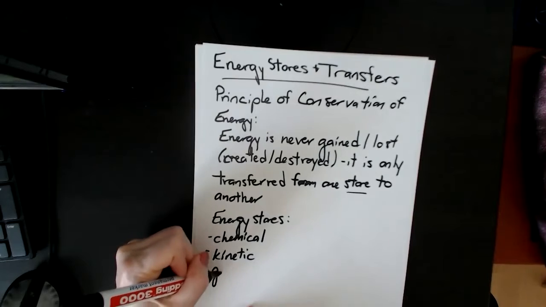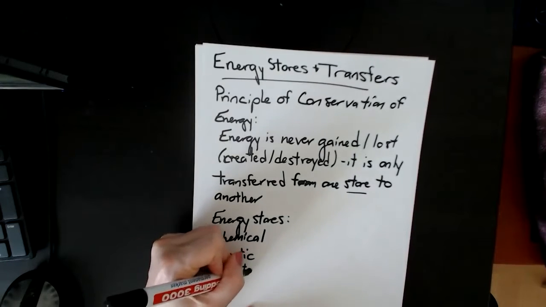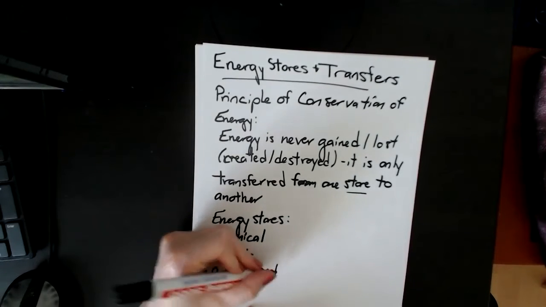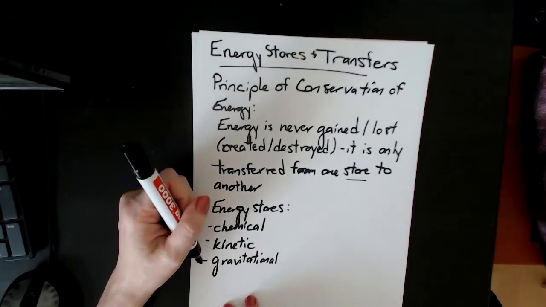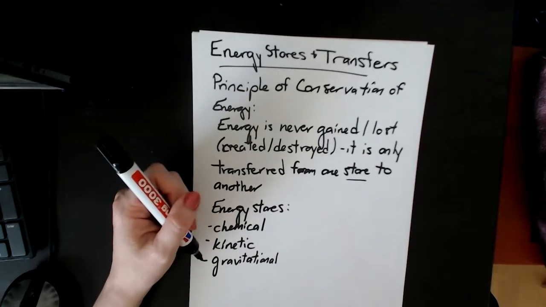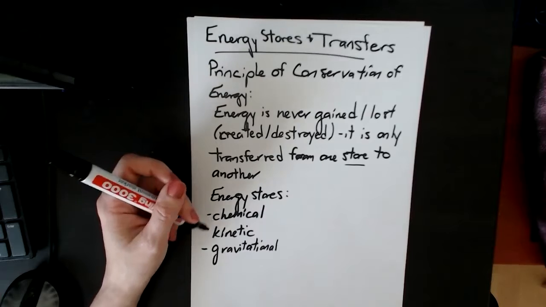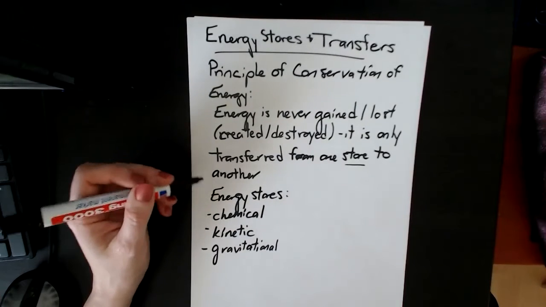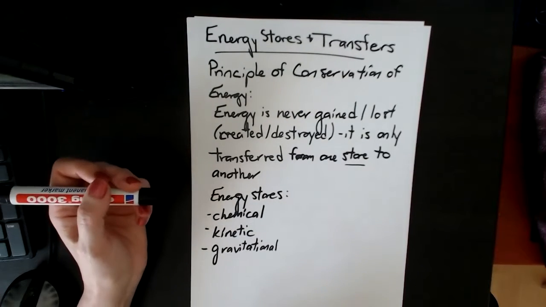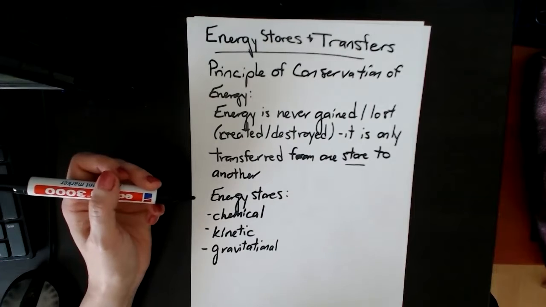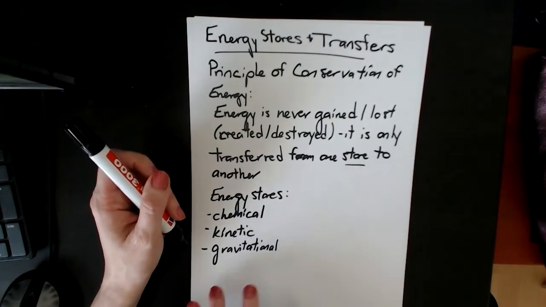There's gravitational energy. Anything that has mass exerts gravity. We don't think about this in terms of the small things that we pick up and hold. With gravitational energy, we're usually talking about very large objects like suns, planets, Earth, stars, galaxies, all that kind of stuff.